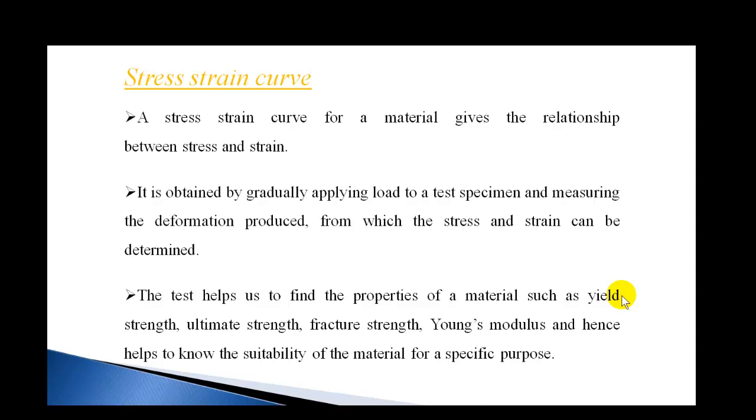So by conducting the test on a specimen and plotting the stress strain curve, we can find out the yield strength, ultimate strength, fracture strength, and even Young's modulus of the material, and it helps to know the suitability of a material for a specific purpose.